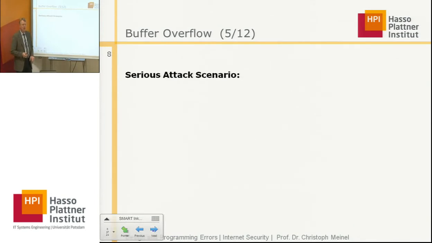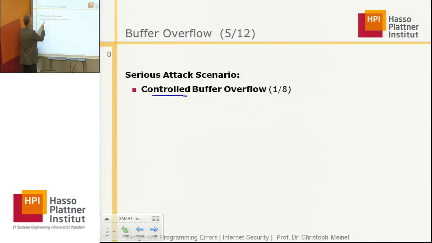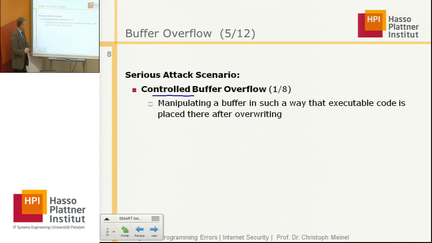Let's have a look at a more serious buffer overflow scenario, the so-called controlled buffer overflow. Here the idea is that the buffer is manipulated in such a way that executable code is placed there after overwriting.